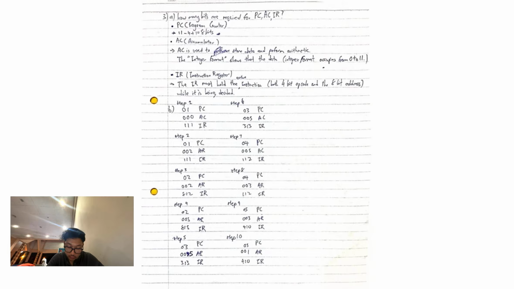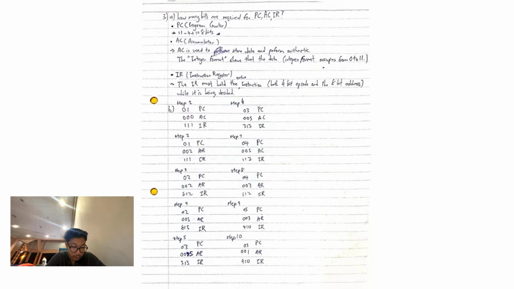That leads us to 01. 01 means load AC from memory. And with that being said, 6 to 7 maintains the same, 05 and 05. But the IR changes from 313 to 112.